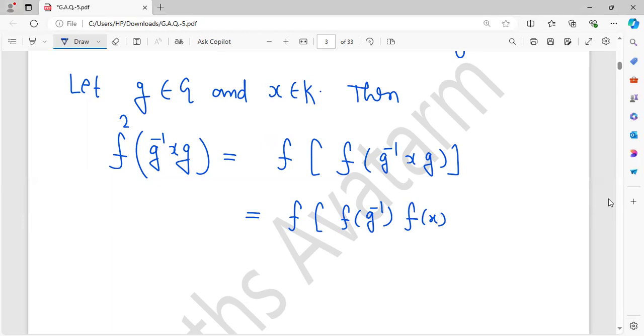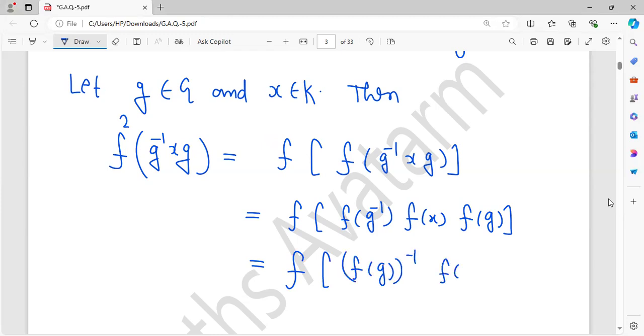And we can write it f(g). Okay. So what is this? This is nothing but f of f(g⁻¹)f(x)f(g).